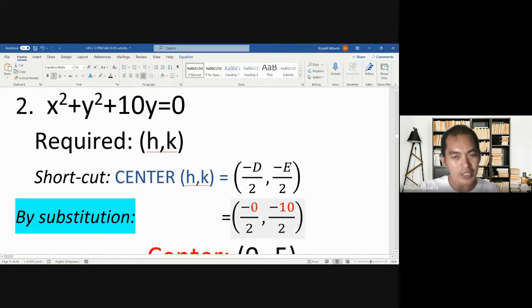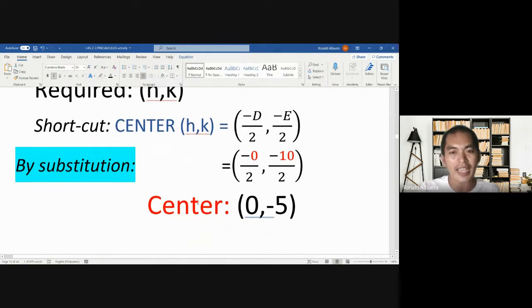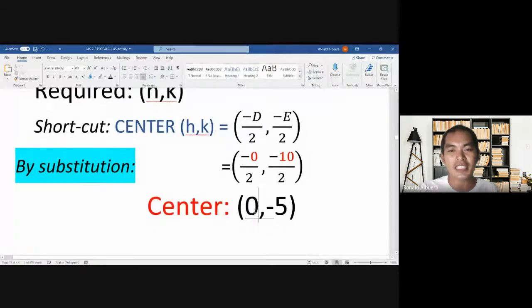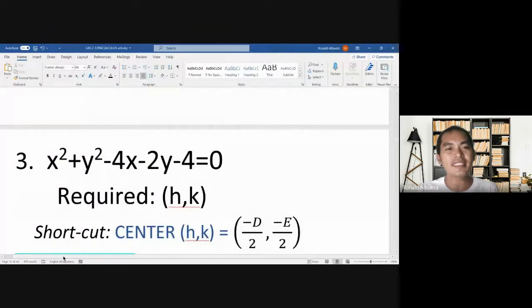So 0. Negative 0 over 2 is 0. And E is 10. So negative 10 over 2 is negative 5. Therefore, our center of the circle has a coordinate of (0, negative 5). Very good.